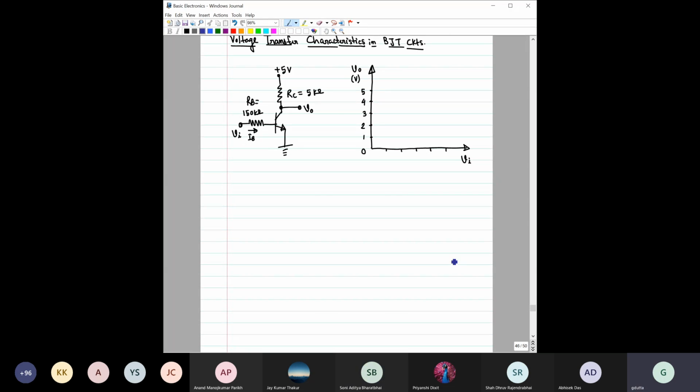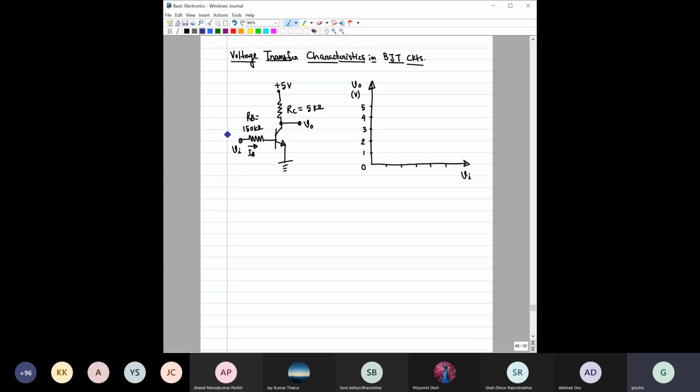Now here is one interesting topic. This is also something we have discussed during our PN junction analysis, circuits using PN junctions. This is nothing but the voltage transfer characteristics of a bipolar junction transistor. Transfer means basically output by input, and voltage transfer means it is the output voltage versus input voltage characteristic.